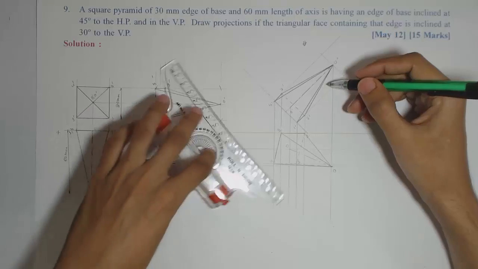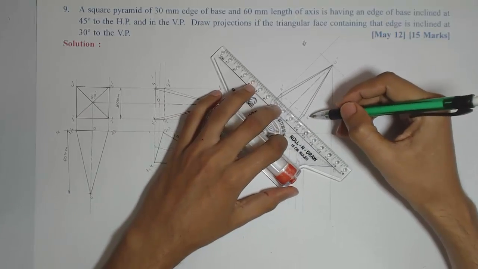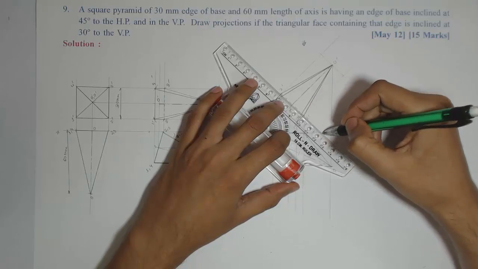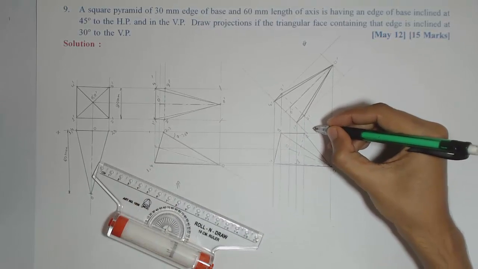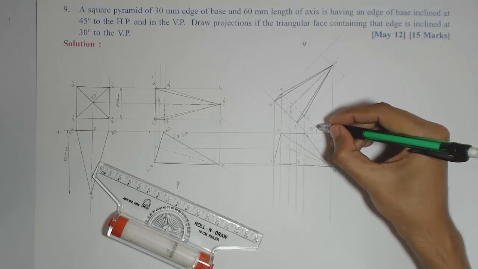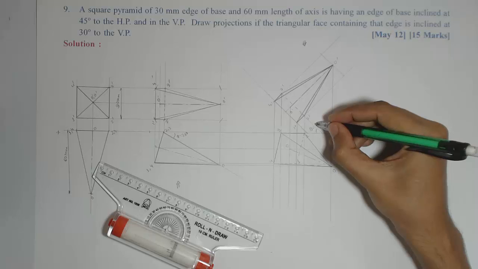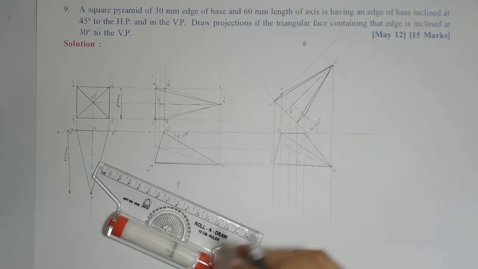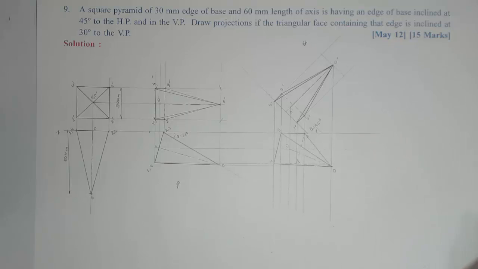Then again we are given this inclination for the base edge kept in the VP, that is 2 dash 3 dash. So I can show it here. Now this inclination is theta and not phi because it is given with the HP, which is 45 degree. So here it is 30, here it is 45. So this completes the solution for this particular problem. Check once again whether we have left any edges. No, I think it's fine.